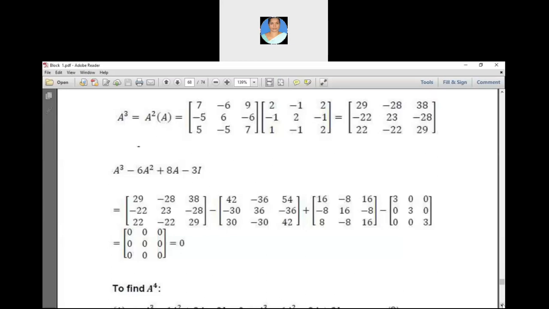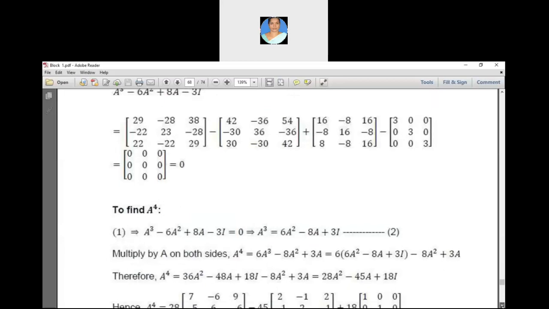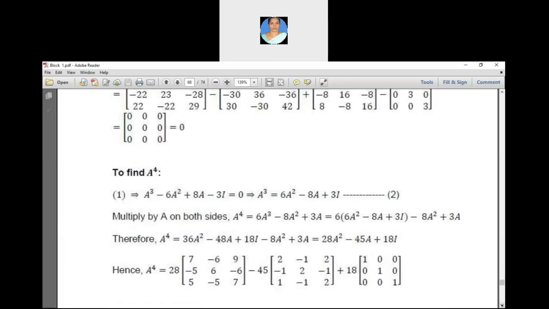Next, we find A power 4. Now take equation number 1: A cube minus 6A square plus 8A minus 3I equal to 0, which implies A cube equals 6A square minus 8A plus 3I.